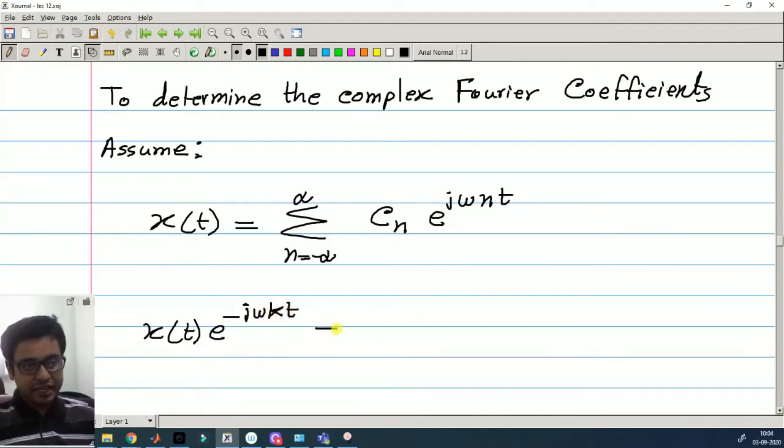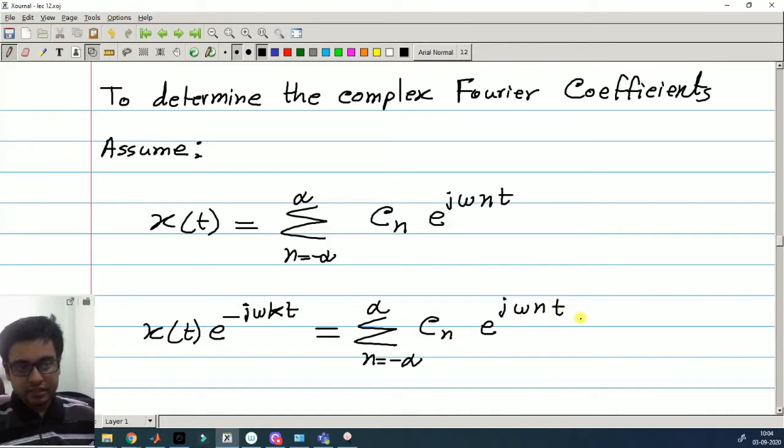This is the left side and the right side is this, e to the power j omega n t times e to the power minus j omega k t.